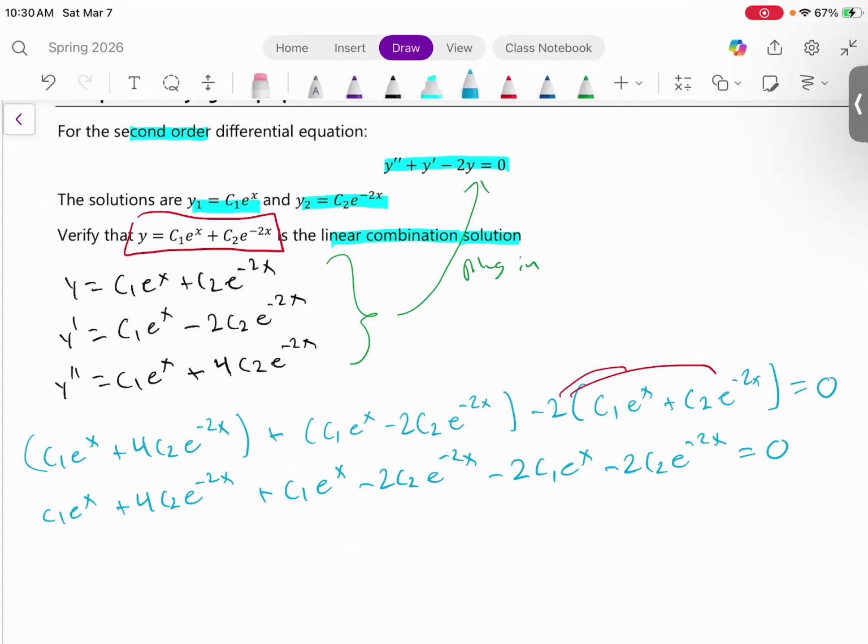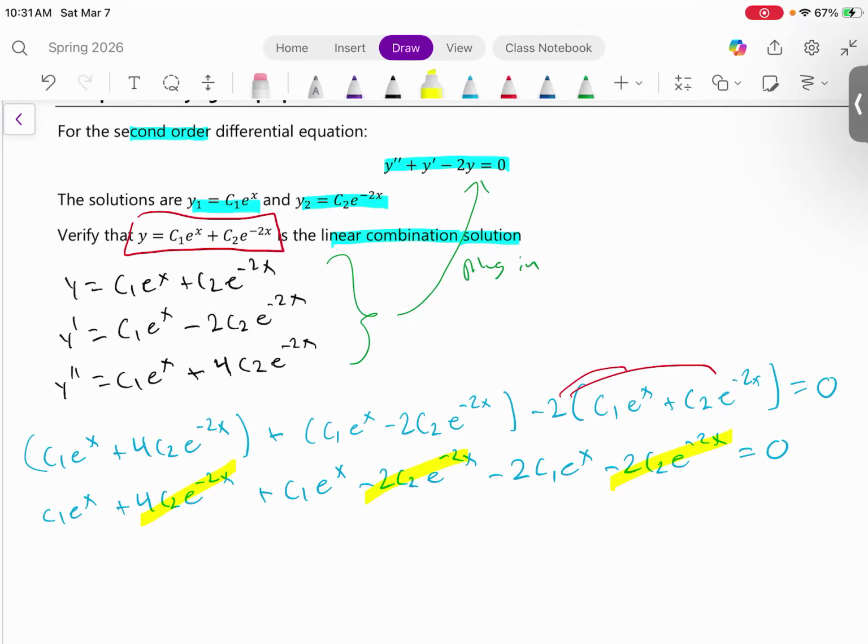Let's see if anything cancels out. I have a 4 c2 e to the negative 2x, and we can cancel this out with the negative 2 c2 e to the negative 2x and the other negative 2 c2 e to the negative 2x. It's like 4 minus 4 times e to the negative 2x, and those all cancel out.